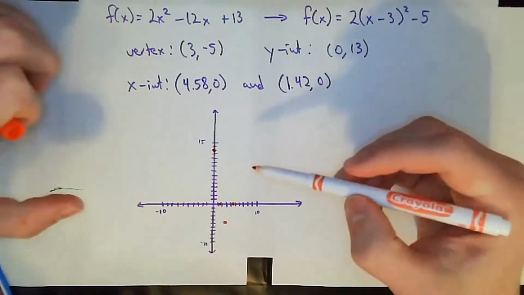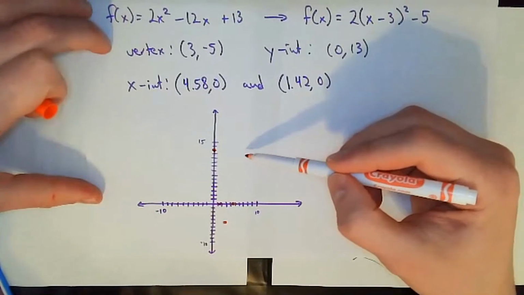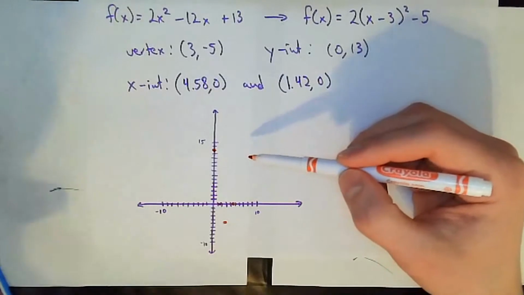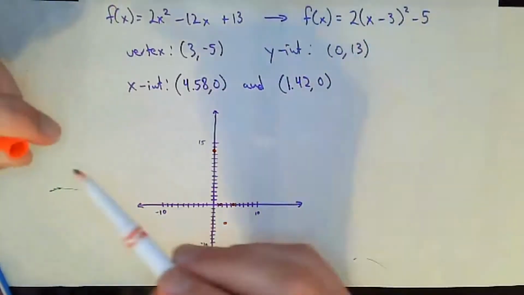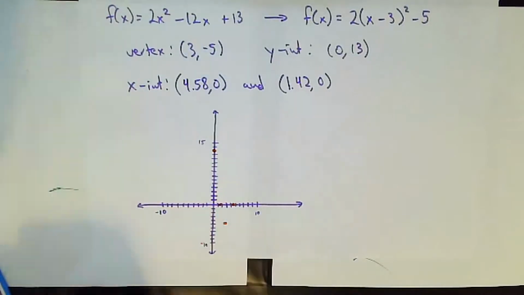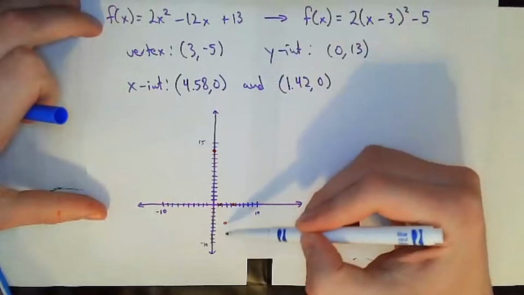Okay, and what about another point over here maybe? Would that be helpful? It could be for sure. How could I find that? By the way, this is kind of like a side question. You don't need it, but this would be a really good thing to note. This parabola is symmetric around the vertex, right?